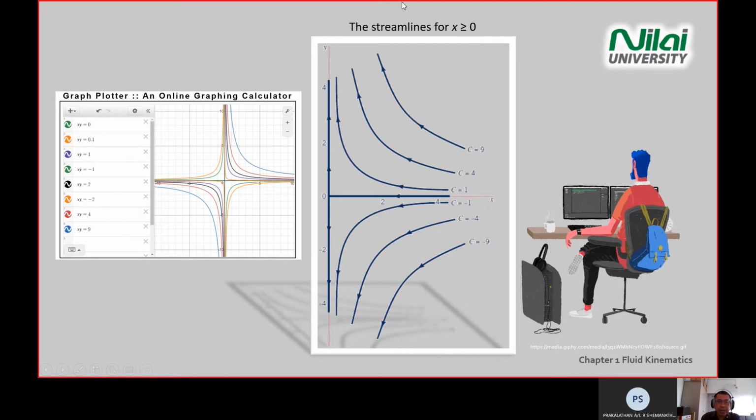So of course, this example here is for the streamline for x more than 0. So you have your C, the constant value, equal to 1, -1, 4, 9, right? And then this axis also. You can try different values. Then you'll get the shape of this line.